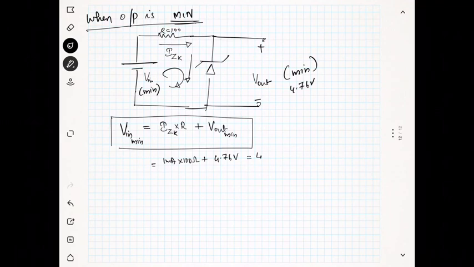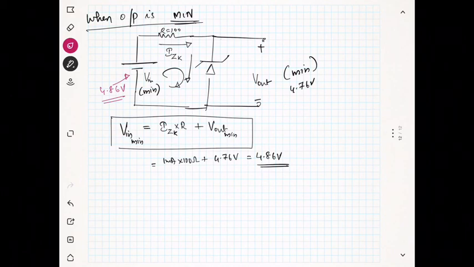This is nothing but 4.86 volt. So the minimum input that you are getting is 4.86 volt. If you give any input less than 4.86, what will happen? Your Zener diode will not get sufficient current. The current becomes less than IZK, and it will turn off.